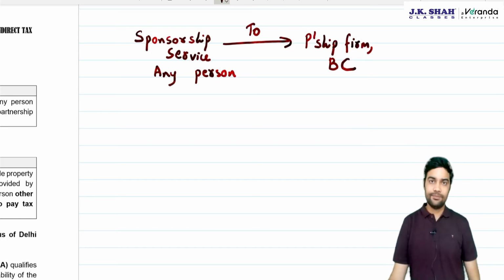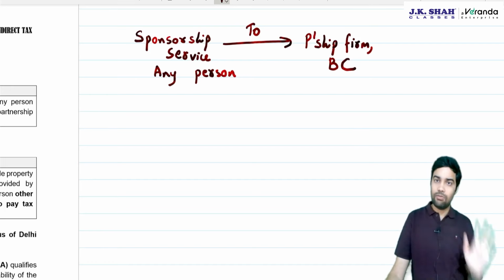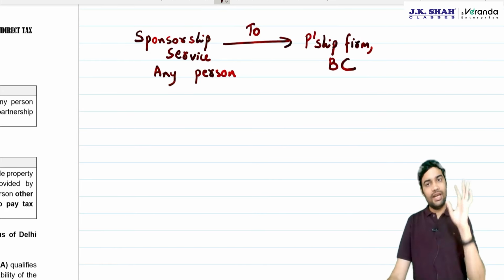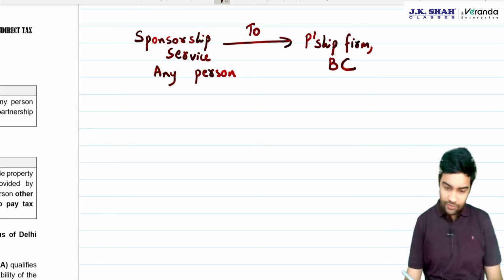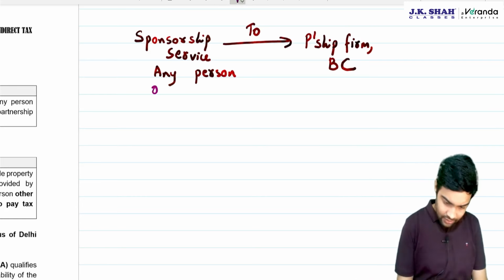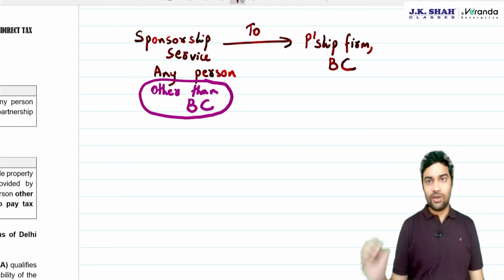This is the entry. Sponsorship provided by any person to partnership firm or body corporate is covered by RCM. Correct. Now, what they have done here, they have mentioned by any person other than body corporate.